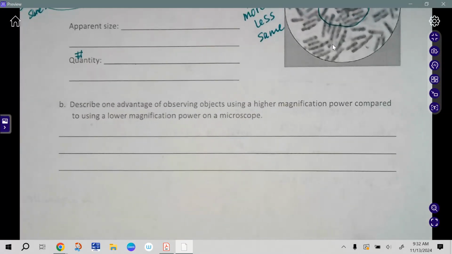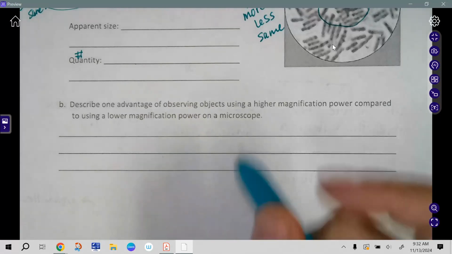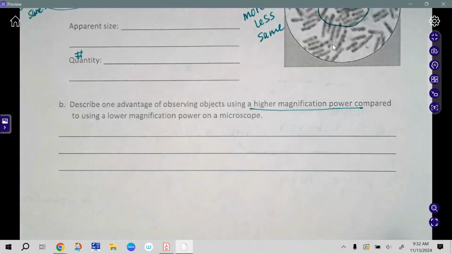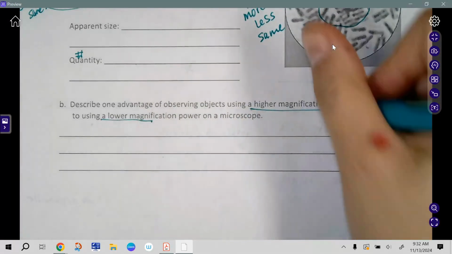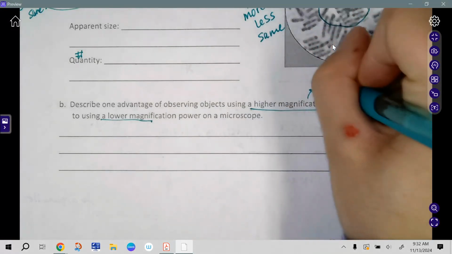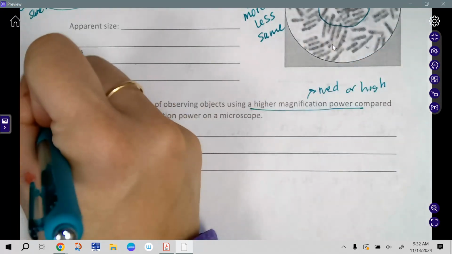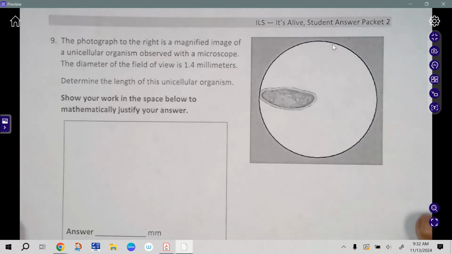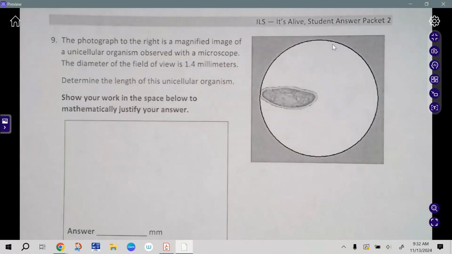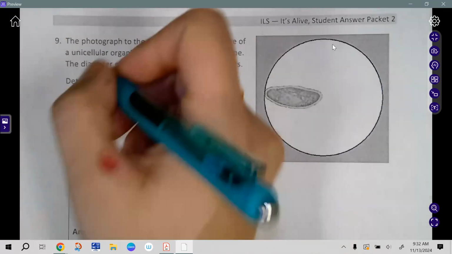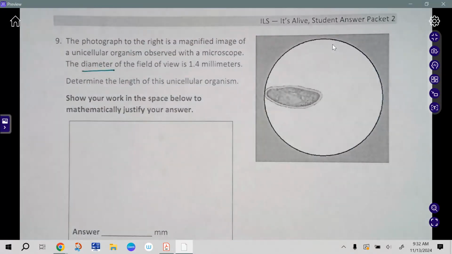B. Describe one advantage of observing objects under a higher magnification power compared to lower. What's the benefit of going up to medium or high versus looking at something under low power? And this says, the photograph to the right is a magnified image of a unicellular organism observed with a microscope. The diameter of the field of view is 1.4 millimeters.